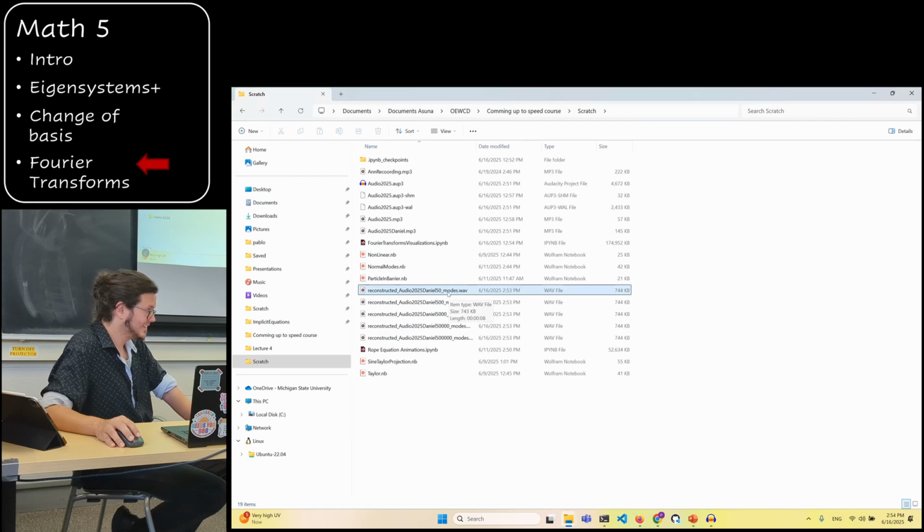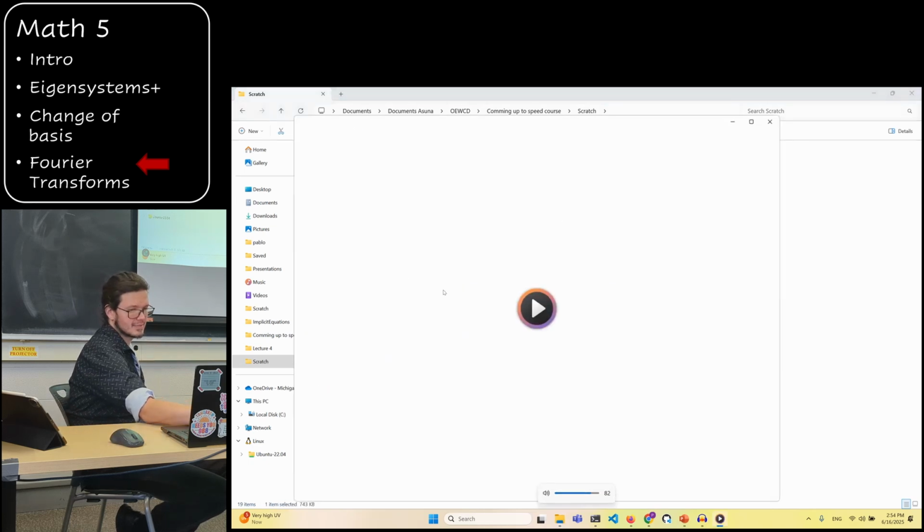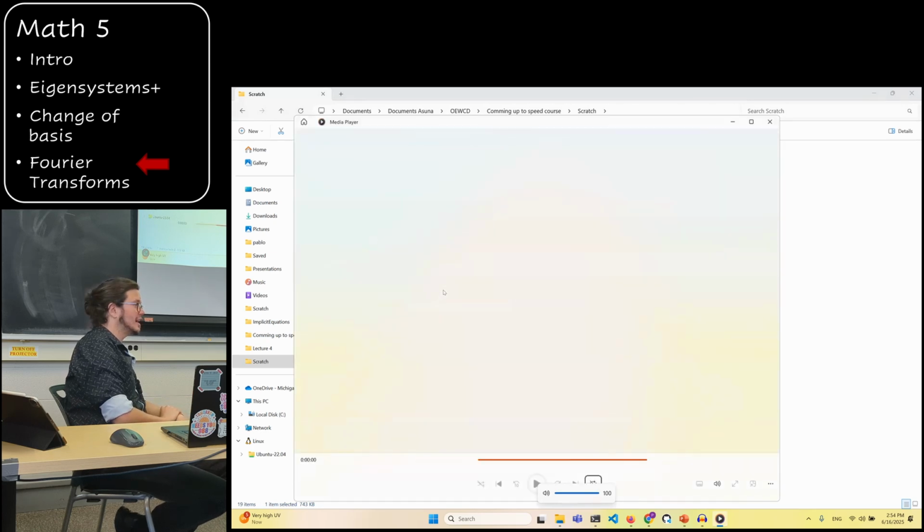So if it's missing certain modes, and certain sounds. Perfect. Here's the key. If I was missing the rectangles, you're right, you will hear chops in the words. But this basis is a global basis. When you miss a mode, it's going to affect the entire signal. So actually, it sounds kind of wonky. This is with 50 modes. And you remember how crisp your voice was.